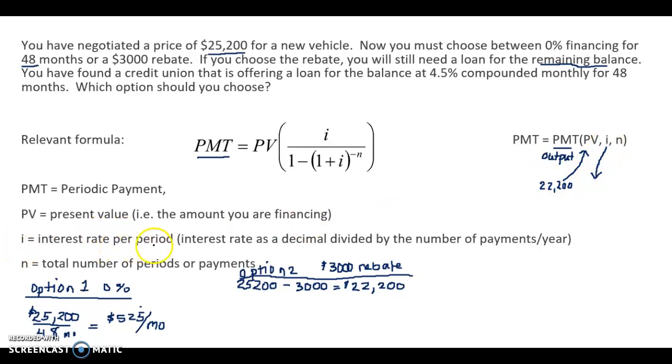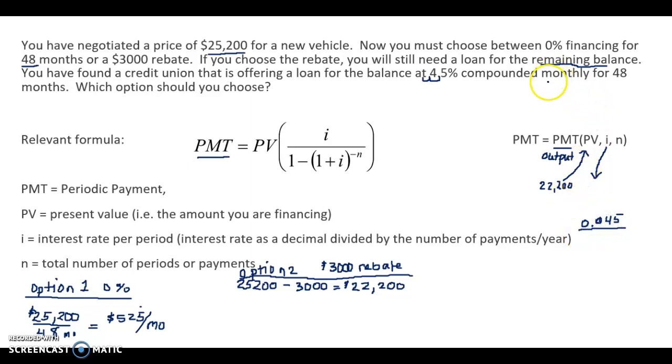The I is the interest rate, and there are notes here: interest rate is per period, which takes the interest rate as a decimal divided by the number of payments per year. Our interest rate as a decimal, 4.5, we move our decimal over 2 places because percent is per 100, so I get 0.045.